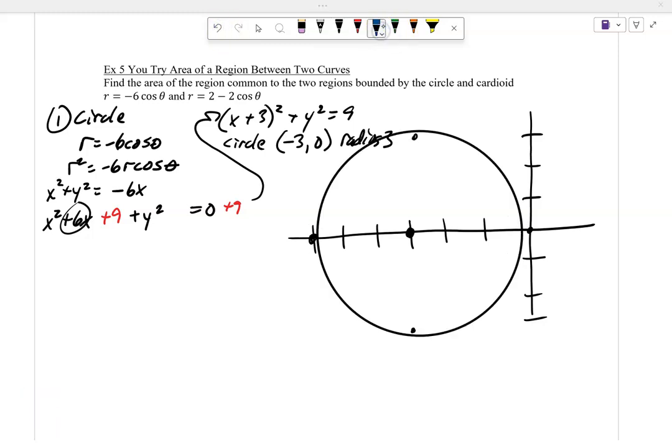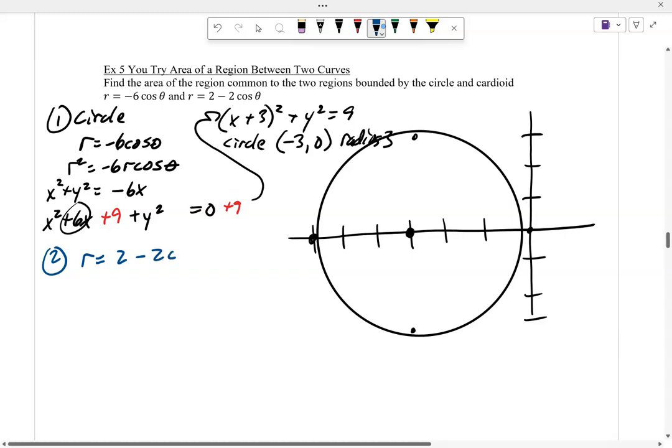Anyways, I couldn't get it to hit at those points, but that's about as close as I can get here. Now this one, we've got 2 minus 2 cosine theta, right? So we've got another limaçon with r being a plus or minus b cosine theta.